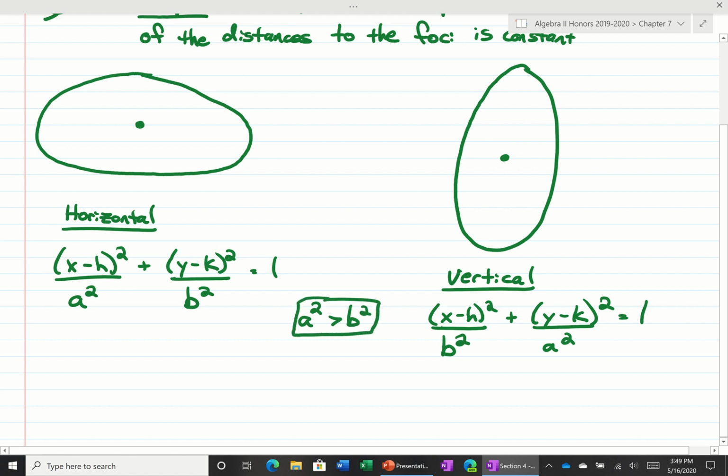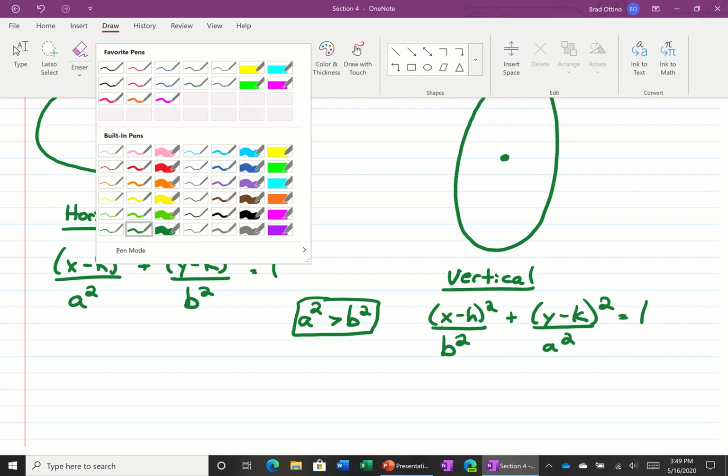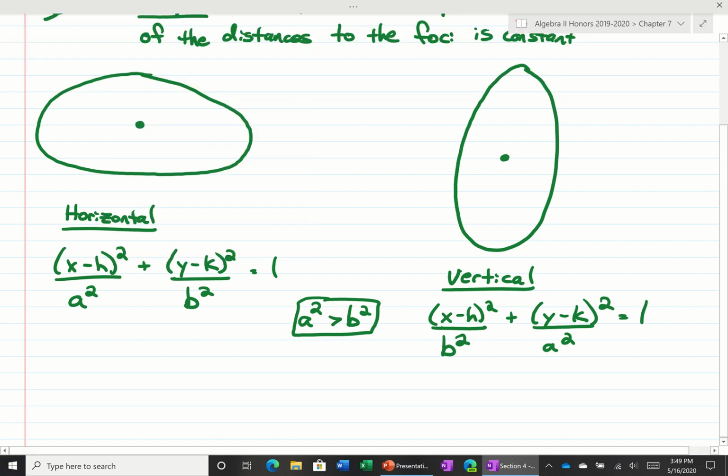And let's talk about what those letters represent. So, a represents the distance from the center to the endpoints. This is called the major axis.